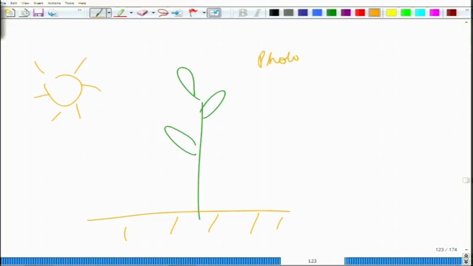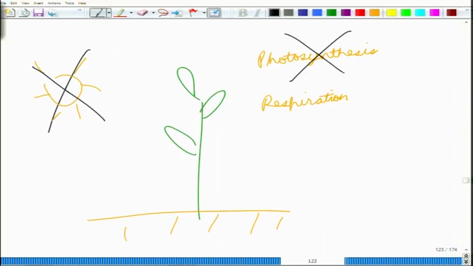One is photosynthesis and the second is respiration. This is during the daytime. During the night time, we do not have the sun, so photosynthesis stops and we only have respiration going on. So, respiration occurs at all times, whereas photosynthesis happens only in the daytime, only when light is available.